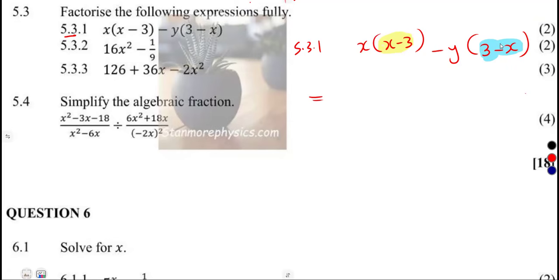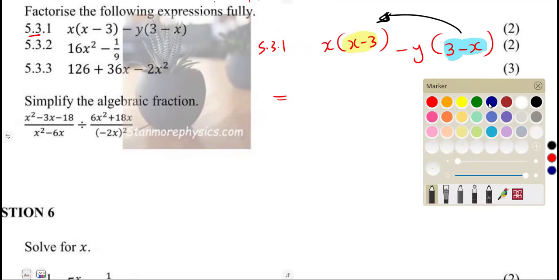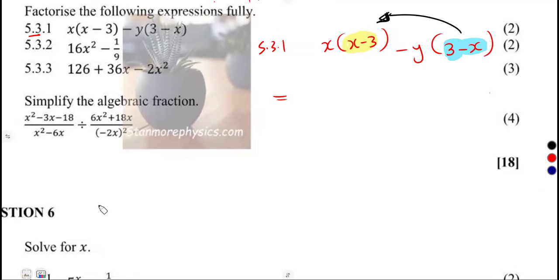So what you can do is to rewrite the second bracket as the first one. Remember, guys, I told you from your factorization that if you are given y minus x, you can factor out a negative, and write x as a positive, y as a negative. So if I'm given something like 3 minus x, I can factor out the negative.